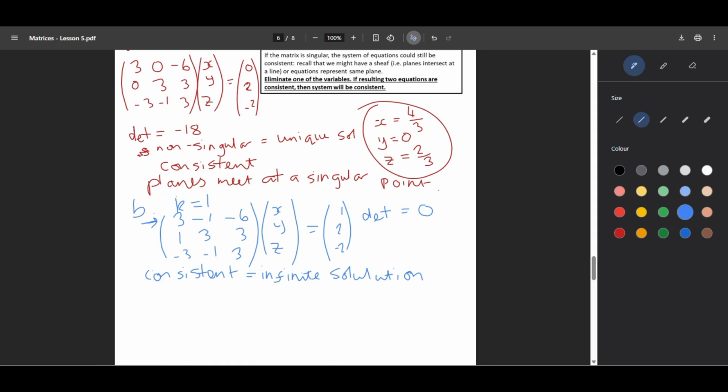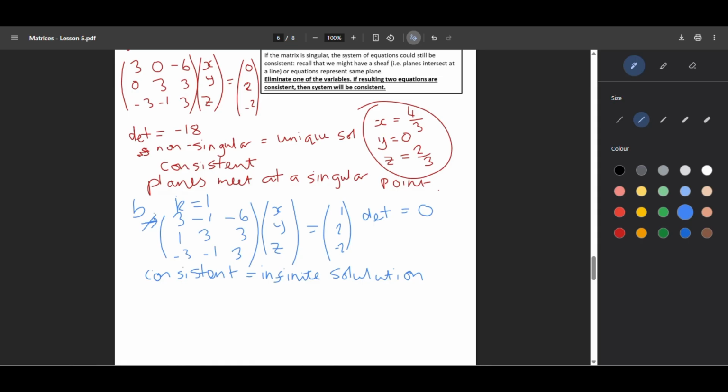And then if I look at equation 1 and 3, they're not, so 1 and 3 would not work, so they're not parallel. And then let's check 2 and 3. So they're not parallel either. So none of them are parallel.